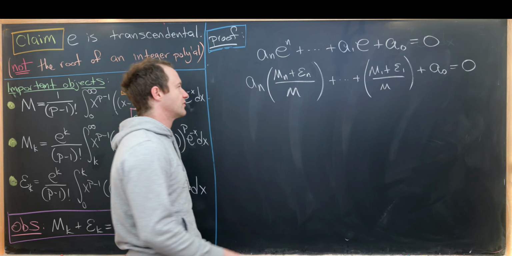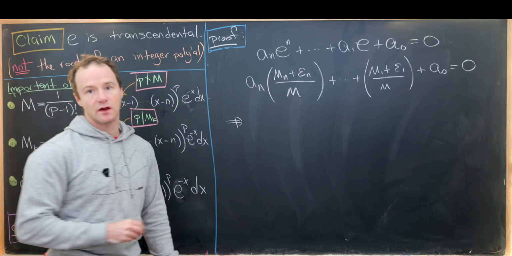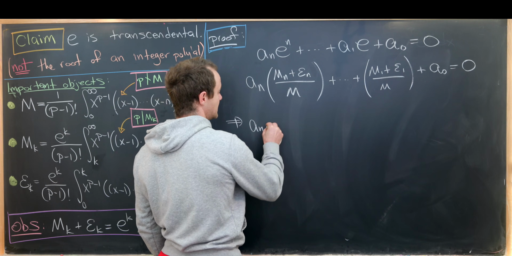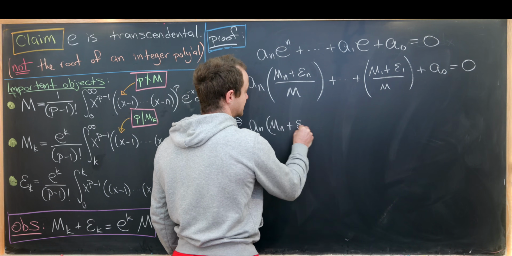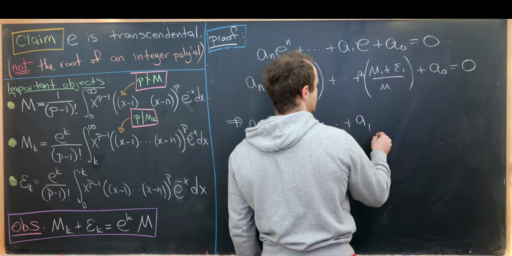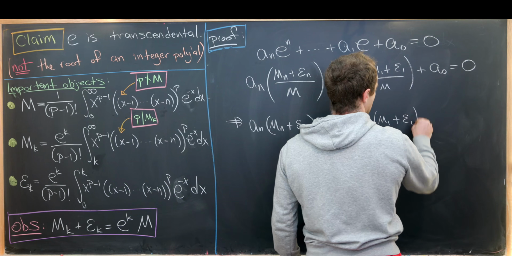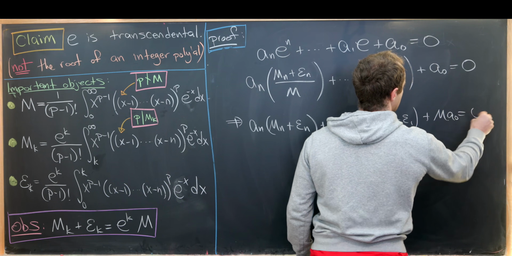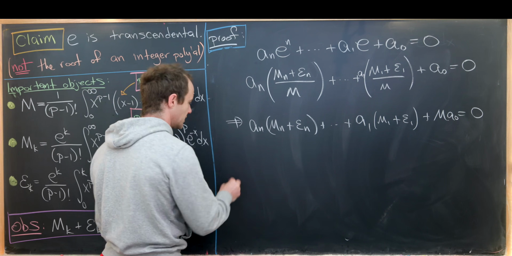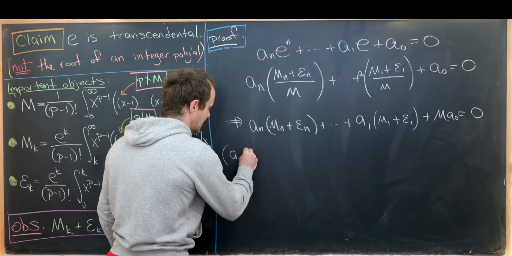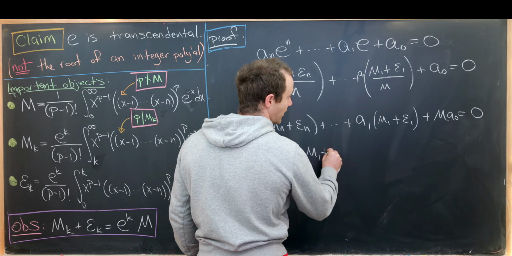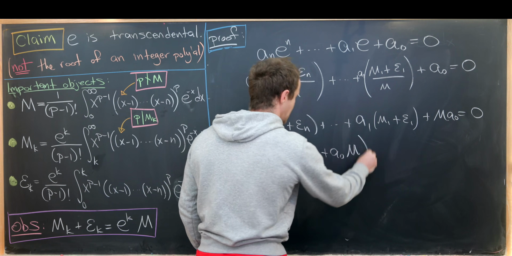Next up, we'll multiply through by m, and that'll give us maybe the most important equation towards our contradiction. And that is a sub n times m sub n plus epsilon n plus all the way down to a1, I left off this a1 times m sub 1 plus epsilon 1, plus m times a naught is equal to 0. Now I'll pull this apart into the m parts and the epsilon parts. That'll give us something like a_n m_n plus all the way down to a1 m1 plus a0 m.